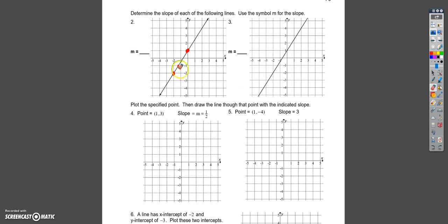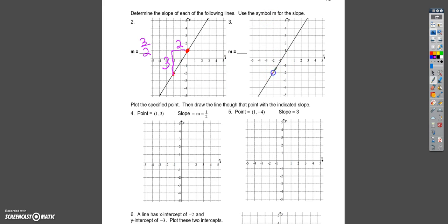Let's get rid of this. Alright, then remember you're doing rise. These are by 1, so that would be 1, 2, you're rising 3, and you're running 2. So rise over run. Pick 2 points.